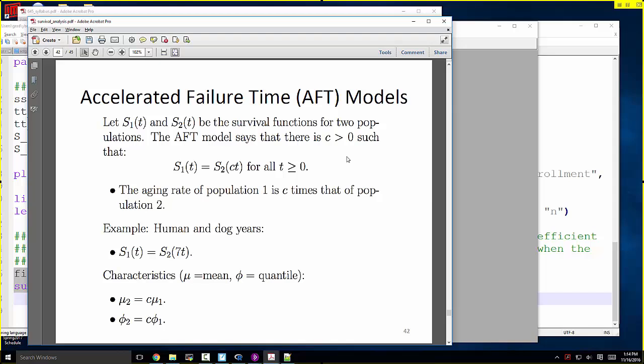If you've watched these types of data for years and know what they look like, a parametric assumption seems reasonable. Then there are ways to do survival-based regression with a parametric assumption. One type of parametric model for survival data is called accelerated failure time models.